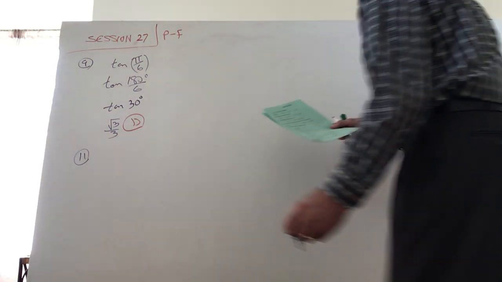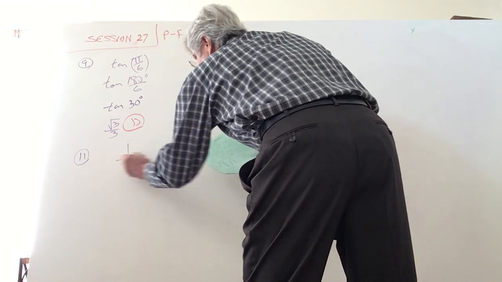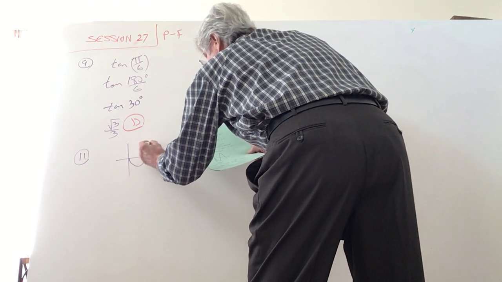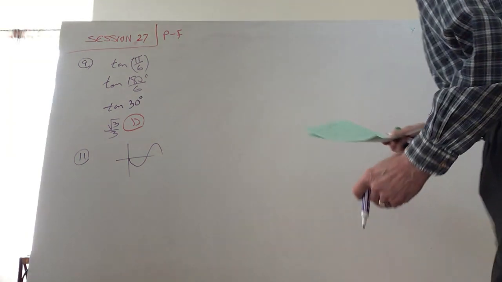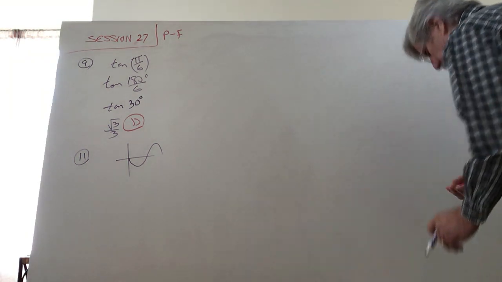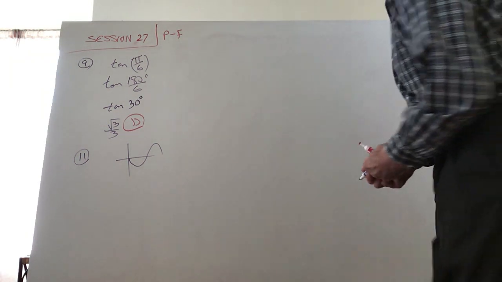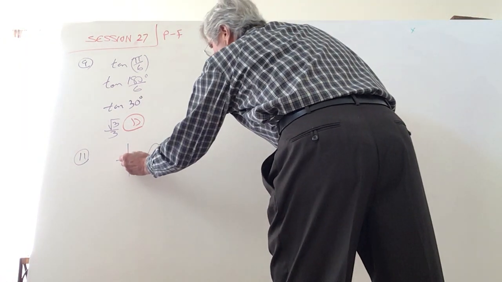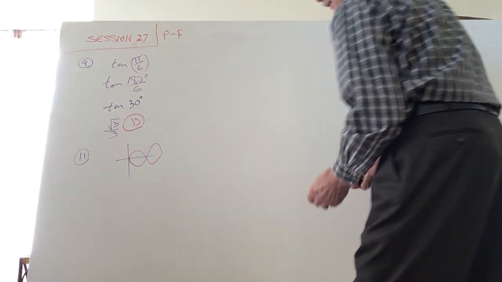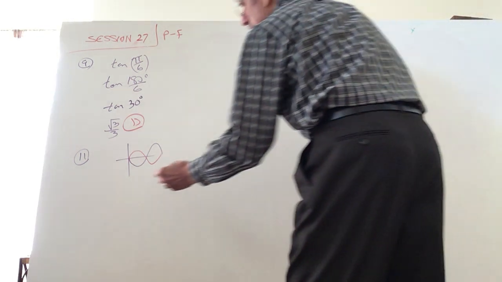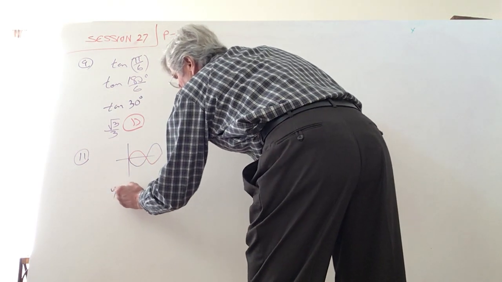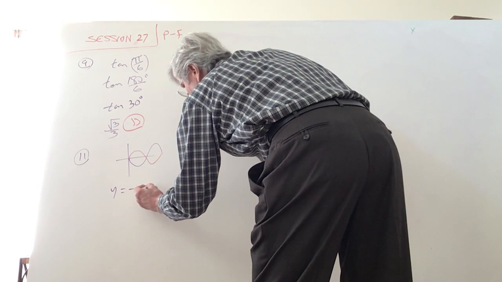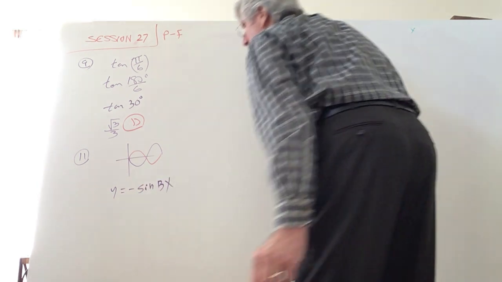I would start with this situation, make the picture, and maybe start from the 0. I'd give you a little more than what you need there. Looks like something like that. That certainly looks like the sine curve, but you know the sine curve, of course, is here. So how about the negative sine curve? Okay, so I'd say that this is y equals negative sine of bx in there somewhere.